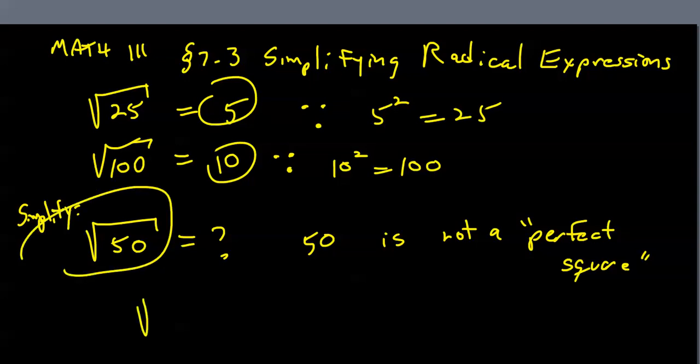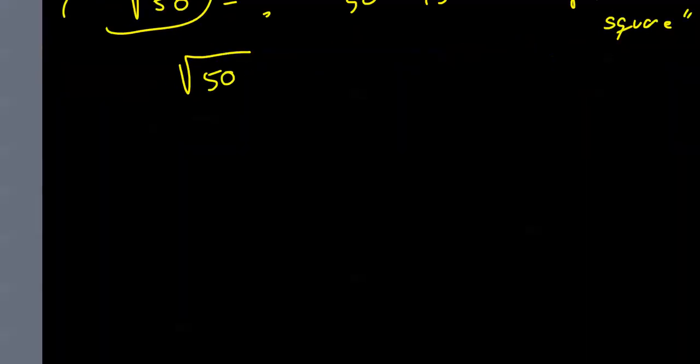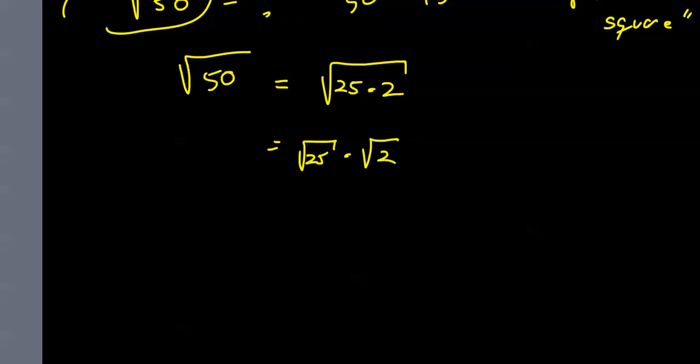I think we can see that the square root of 50 can be rewritten as the square root of 25 times 2. As you may have noticed in previous classes, you can distribute a root sign over a product. In other words, the root of a product is the product of the individual roots.